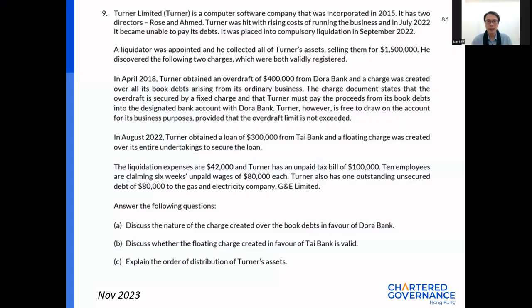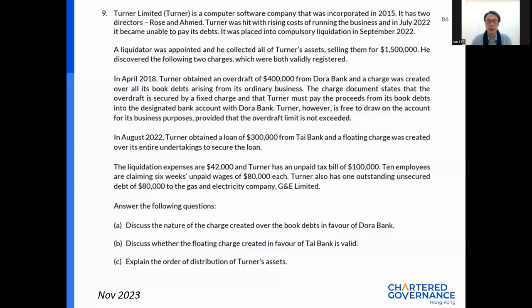You can see the company is insolvent because in July 2022, it became unable to pay its debt. So insolvent, liquidation, assets of 1.5 million. There were 2 charges validly registered. So you do not need to spend time talking about whether they're validly registered or not. It's already stated in the facts.